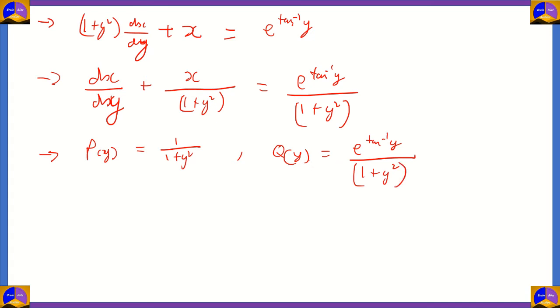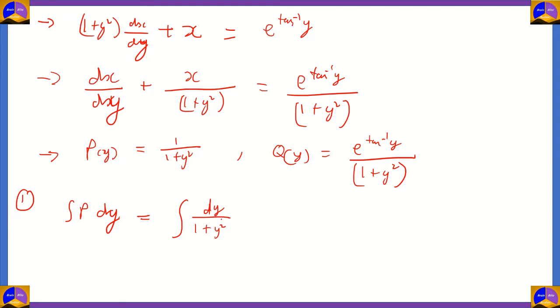So we now know the value of P and Q. So how do you find the solution? The first thing to find out is the integral of P with respect to y. So the integral of P dy is equal to the integral of 1/(1 + y²) dy.